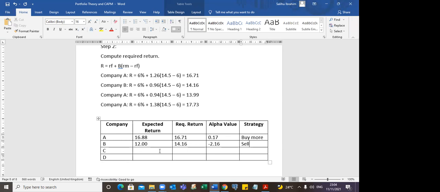For C, the alpha value is 0.01. It is positive, so what do we do? It is a buy.